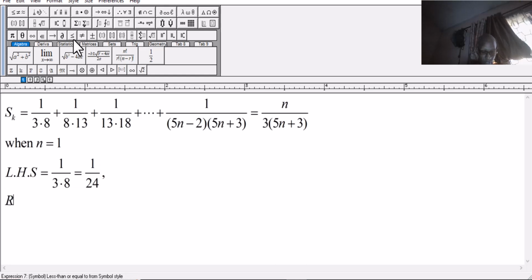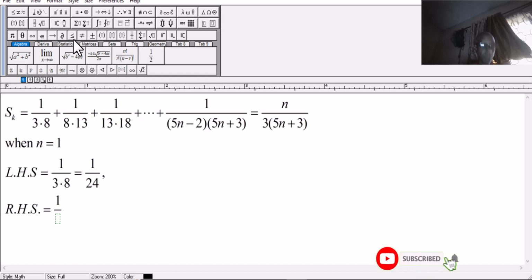So let's also try for the right hand side. For the right hand side, what you have is 1. We have seen that let n be 1, that will be 3, 5 into 1 plus 3.